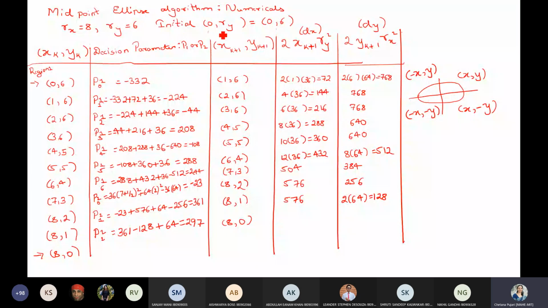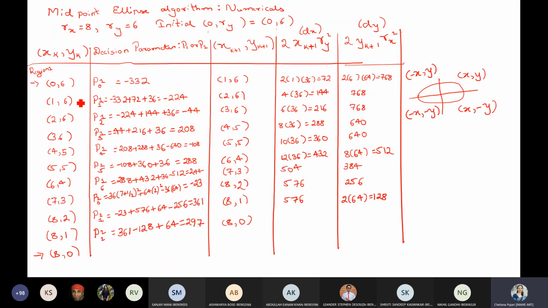So the initial coordinate value for region 1 is 0 and Ry. Ry is already given, which is 6. So 0 comma 6. We are going to plot that value. You can just make this table: xk, yk, the initial value, the decision parameter, because you have to decide whether you are going with P1 or P2.